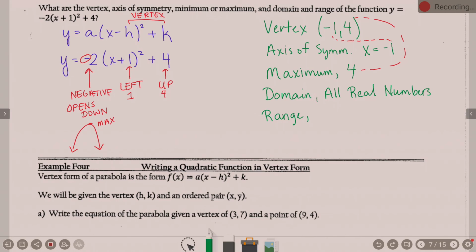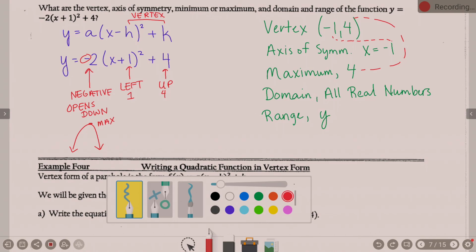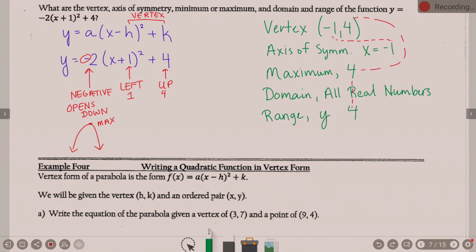Okay, so range always uses the variable y. What's the y value we're talking about here? 4. That 4 from above, right? Just going to take it right through the middle there. Now, the values, are they bigger than 4 or smaller than 4?